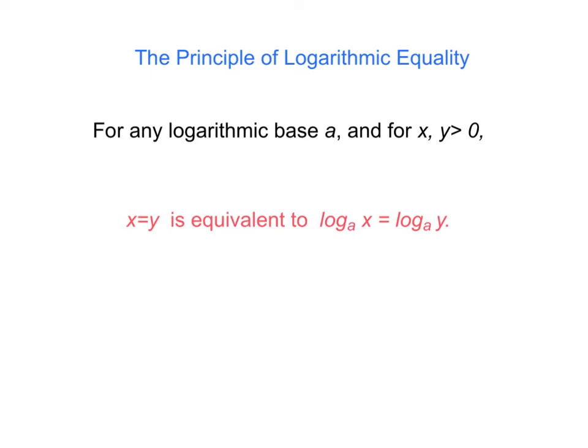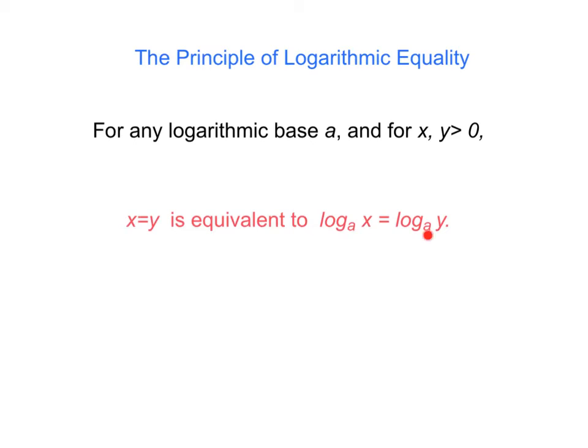So the principle of logarithmic equality is something we haven't touched on yet. For any logarithmic base a, and for numbers x and y that are greater than 0, if x equals y, then you can take the log of both sides. You can think of a log as an operation almost.